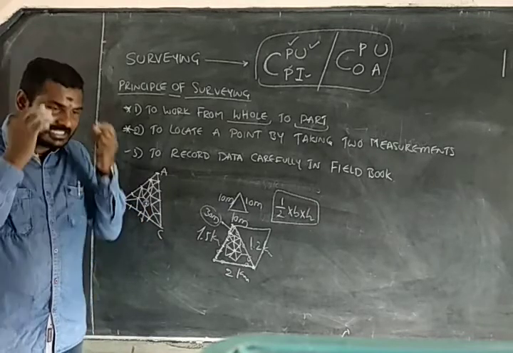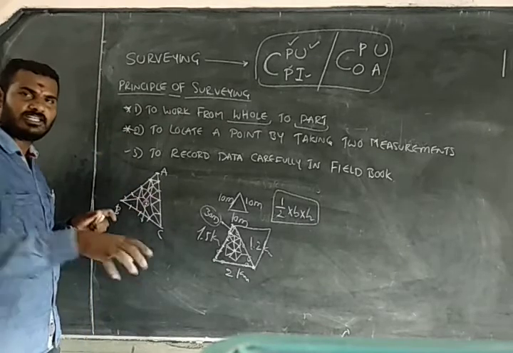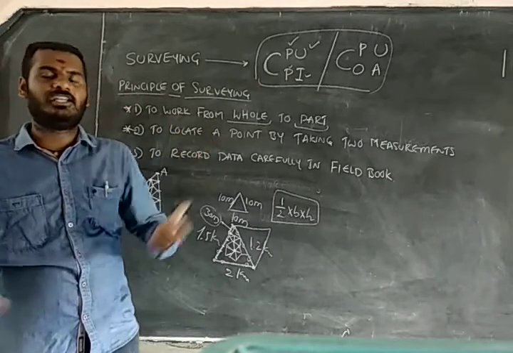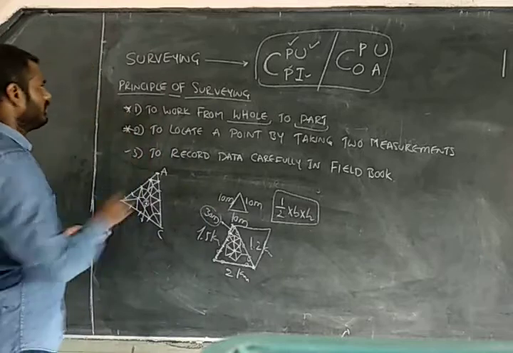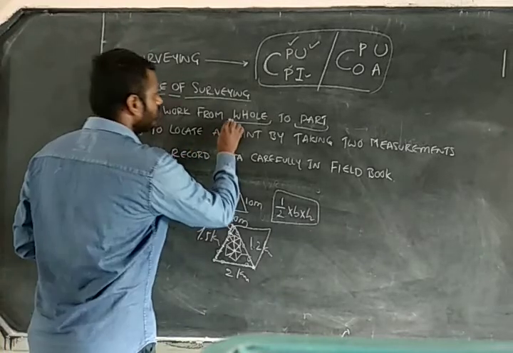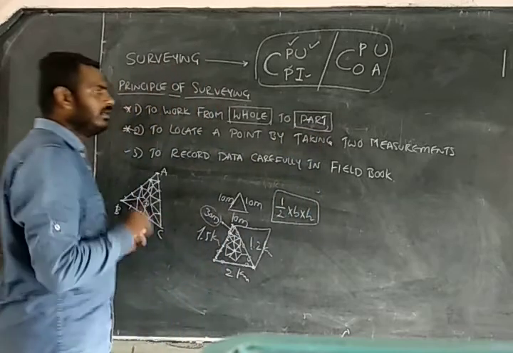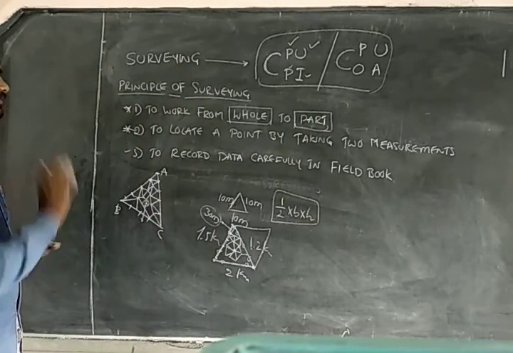It is visible to you, so you can do something at this position. But when it occurs at the boundaries, at larger areas, you can't solve the problem. That is why the first basic principle is always work from whole to part, but not from part to whole. Okay, so this is the first one.